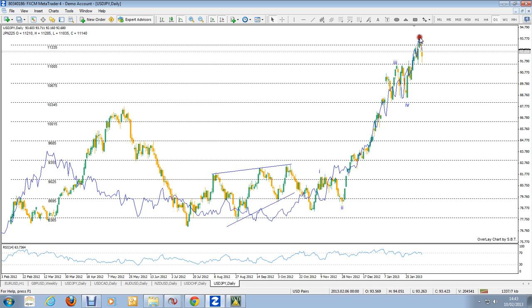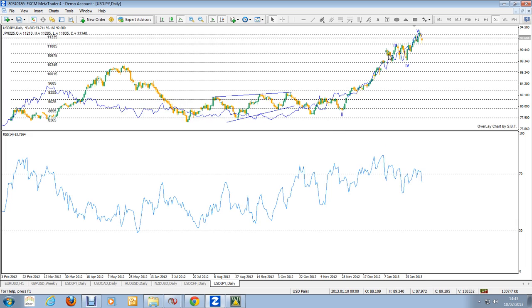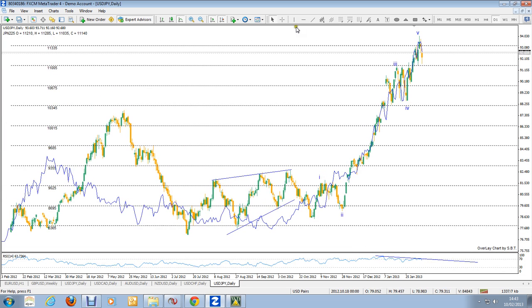Okay, so that's wave 5. And then also if you look at it, between the wave 3 and 4 we have a divergence on the RSI. So I think our labeling is correct, at least for a cycle starting from this low here on the Nikkei index, right?